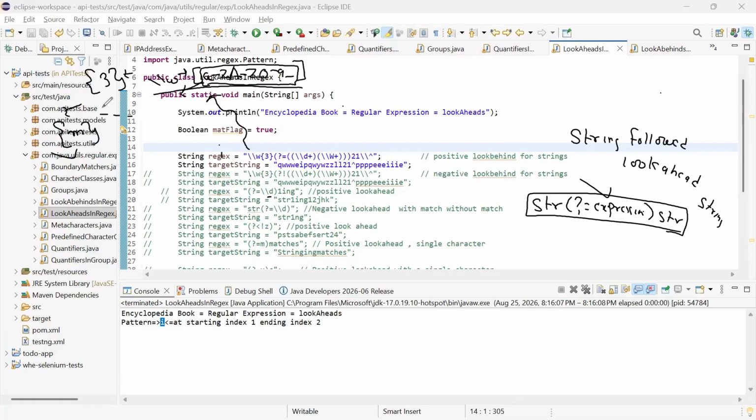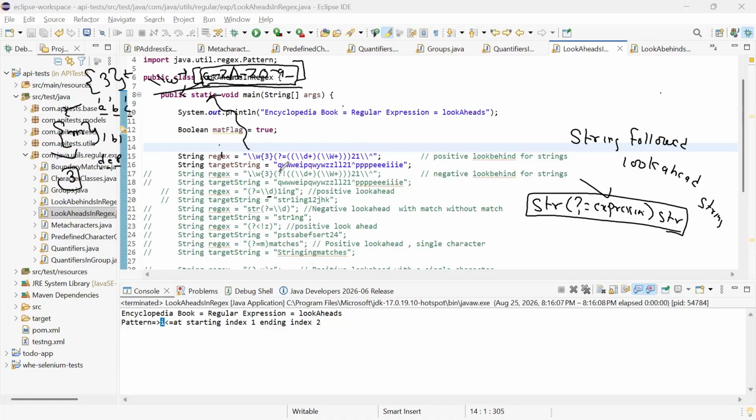So I am either A, B, C, or A, number, or 1, B, 1, or D, E, F. So any alphanumeric word character of length 3. That is what it is saying.